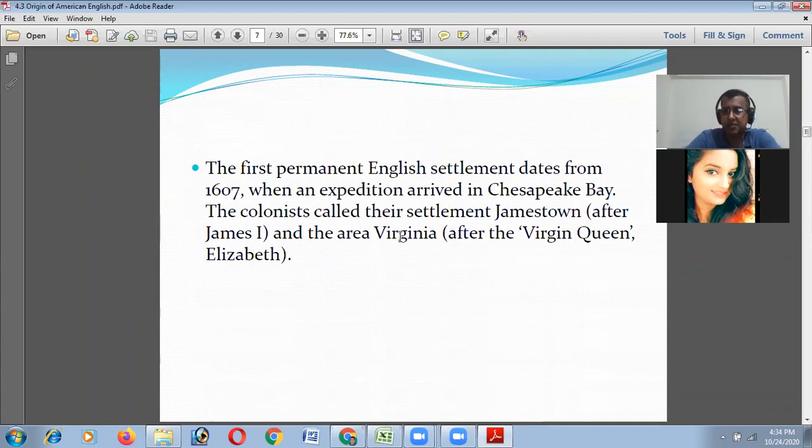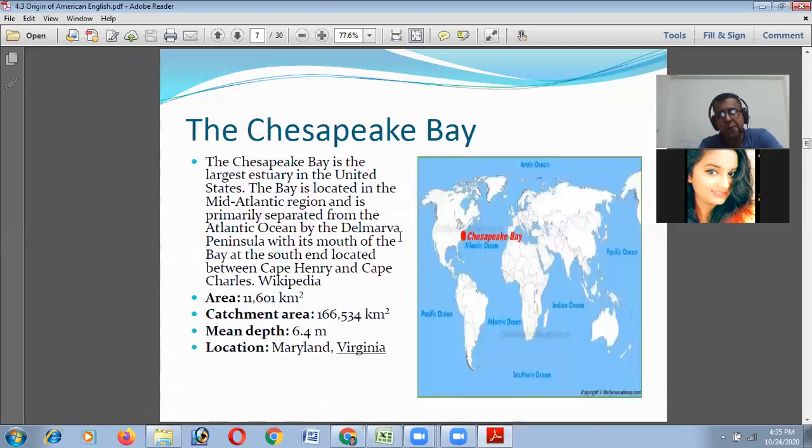We know that Queen Elizabeth was unmarried, and for this reason she is called the Virgin Queen. According to the name of the Virgin Queen, the American state Virginia is named so. And the settlement is also called Jamestown. This is the first English settlement in America.